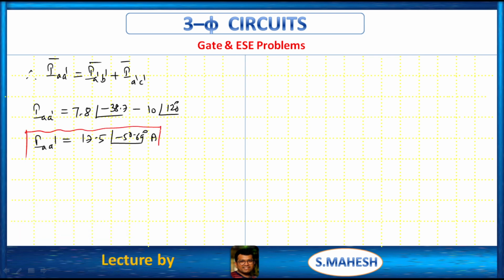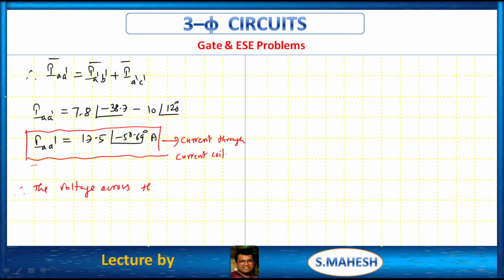Then what about the voltage VAB? This is the current through the current coil. That's it. Therefore the voltage across the wattmeter is what?